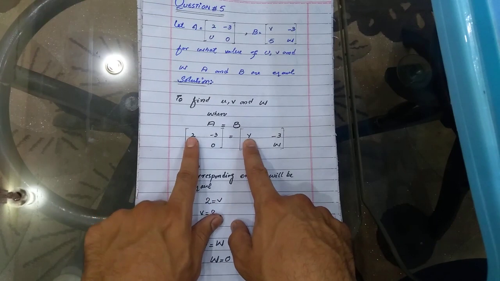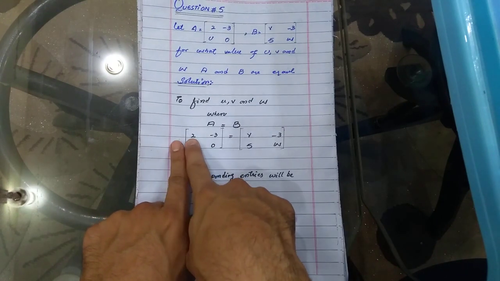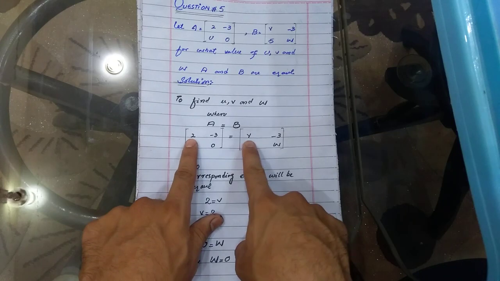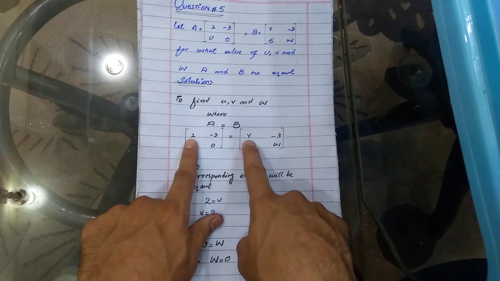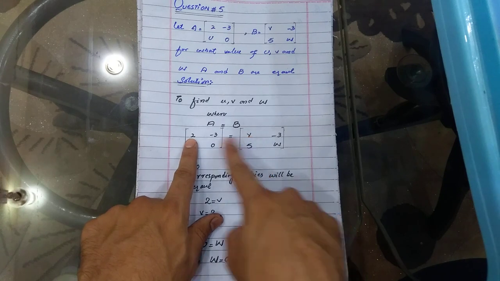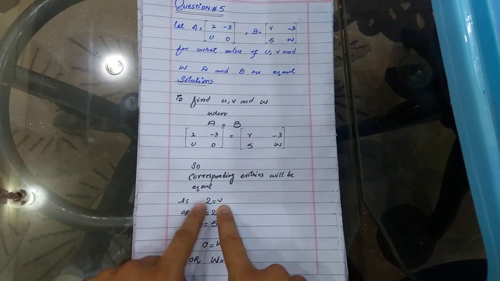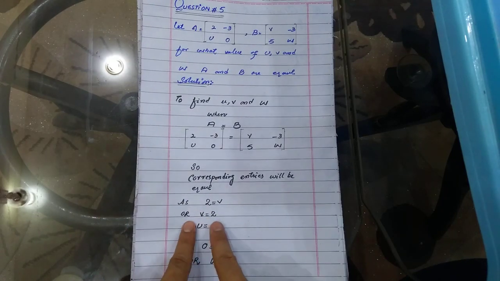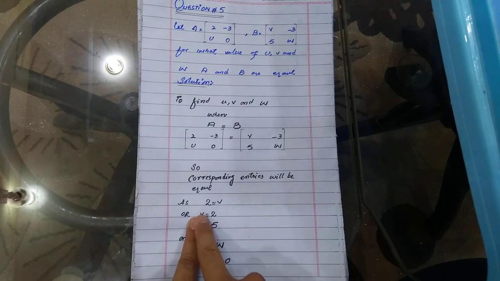Corresponding entries means that in this position we have V in one and 2 in the other, so both of them are equal. It means that 2 is equal to V, or you can say that V is equal to 2. So we are done with our first answer, that is V is equal to 2.